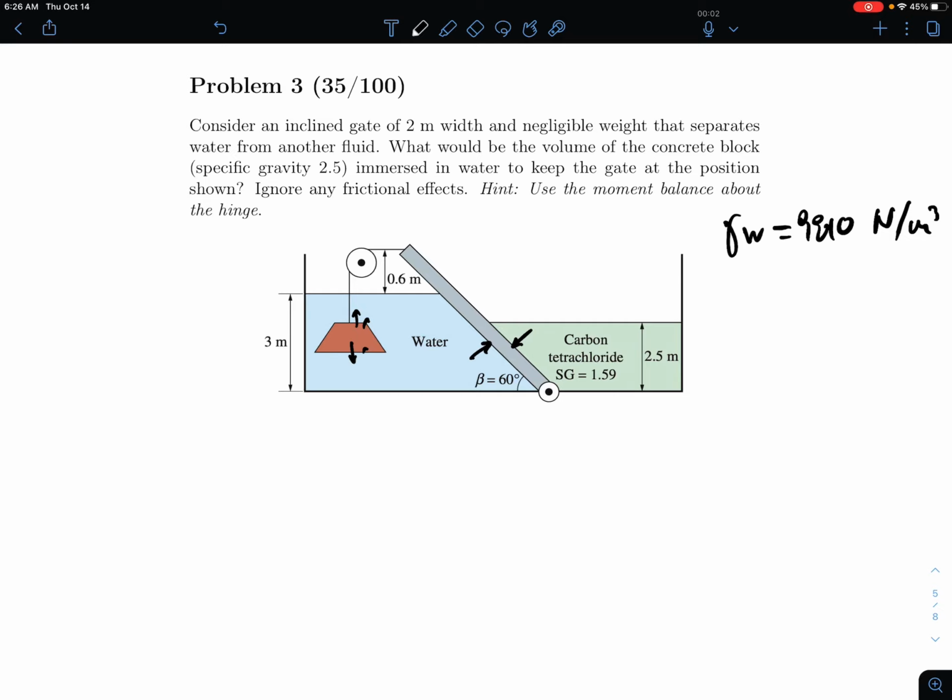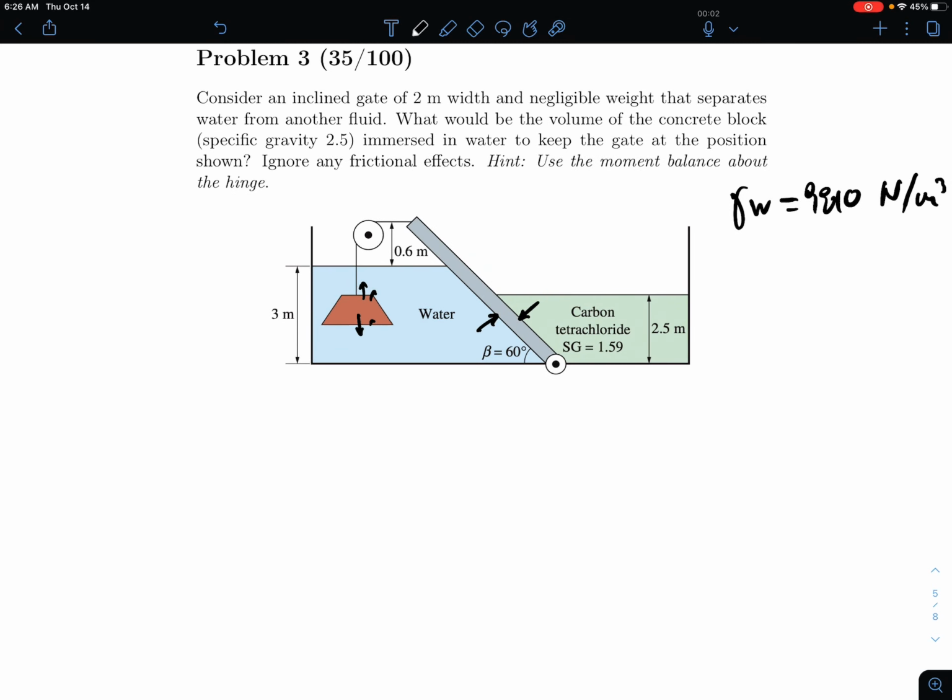So let's start out with the pressure force from water. And for that, because we don't have a curved surface, we can use the formula we covered many times, which is the specific weight of the water times the distance to the center of gravity on the water side times the area where that force is applied.